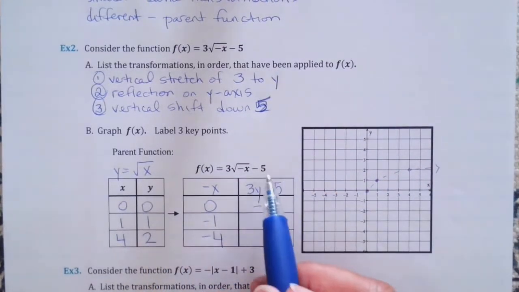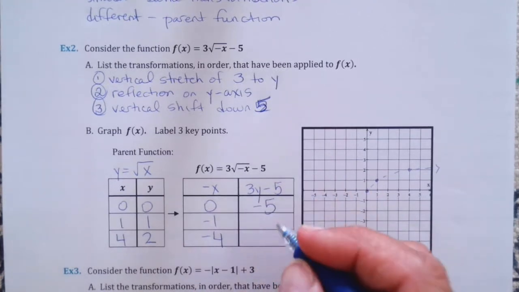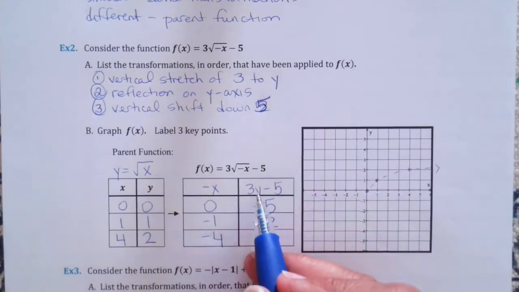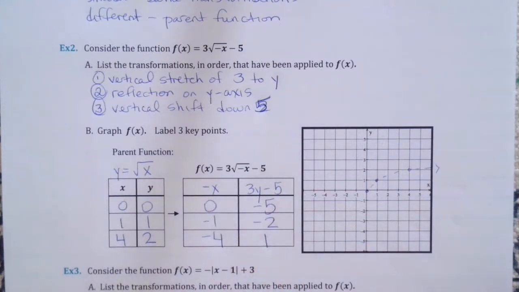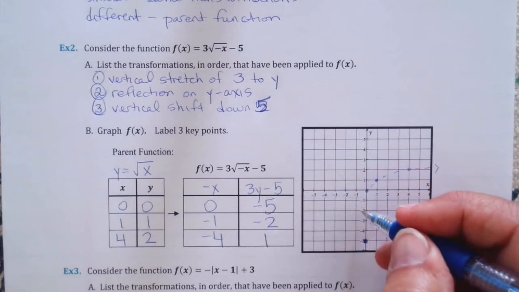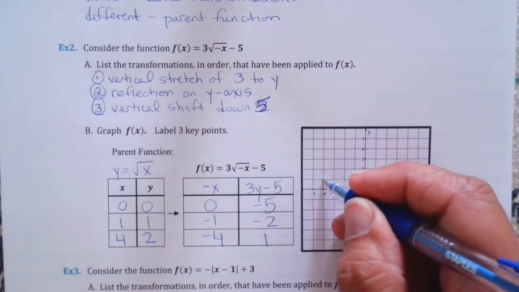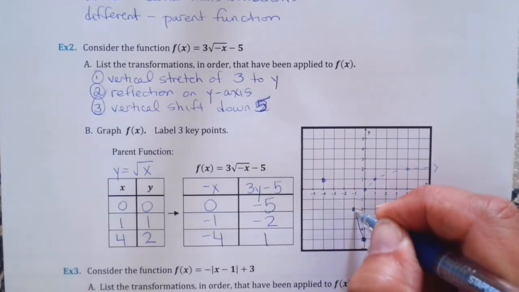Take 1, multiply it by 3. 3 times 1 is 3, minus 5 is negative 2. And take 2, multiply it by 3, which is 6. 6 minus 5 is 1. Now, when you plot those points, 0, negative 5, negative 1, negative 2, negative 4, 1. Okay, there's your graph.